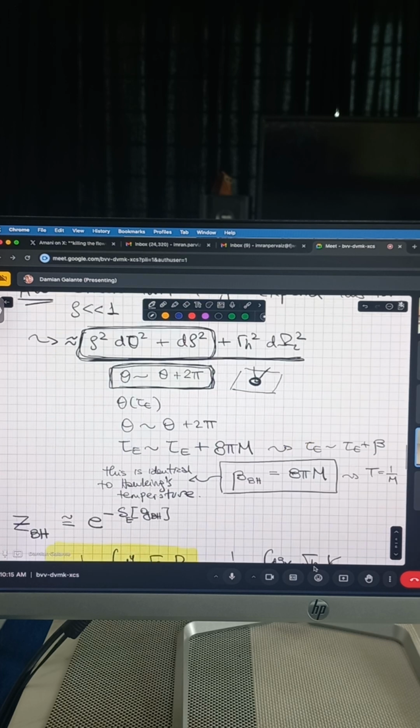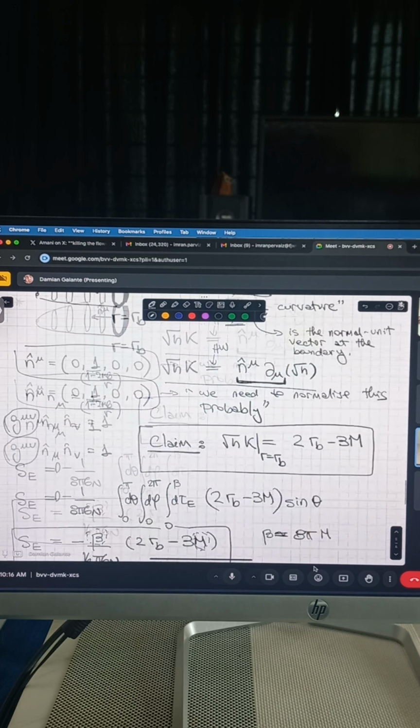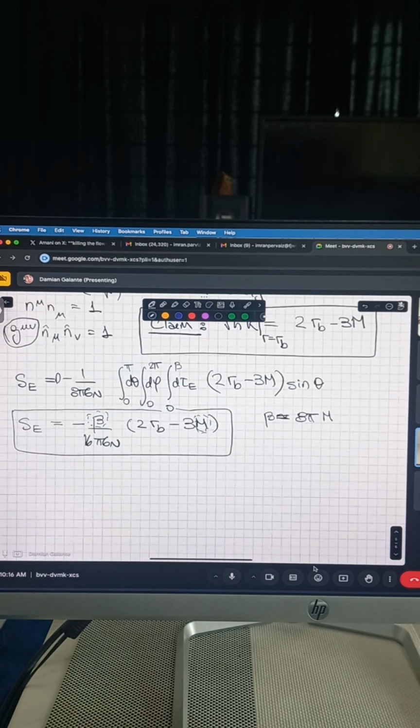So let's write it down properly. S_E as a function of beta is equal to minus beta over 16 pi G Newton times r_b minus 3 beta over 8 pi G Newton.